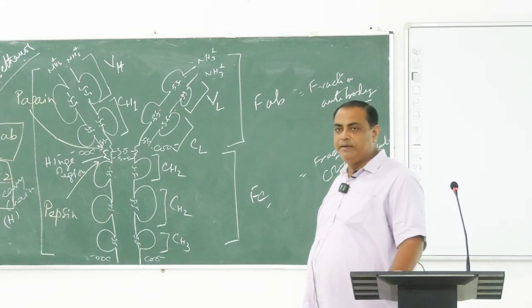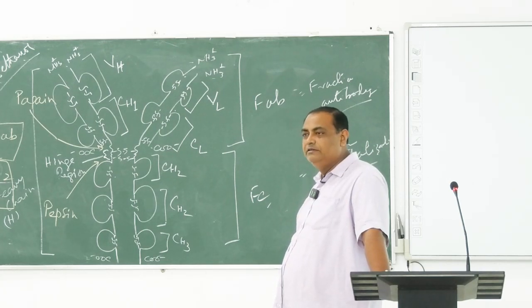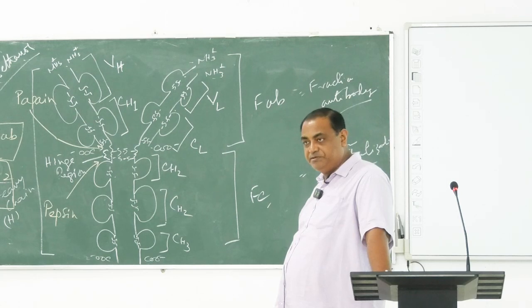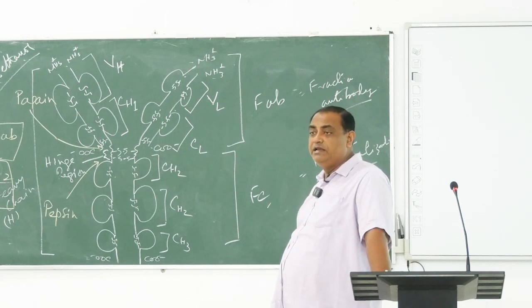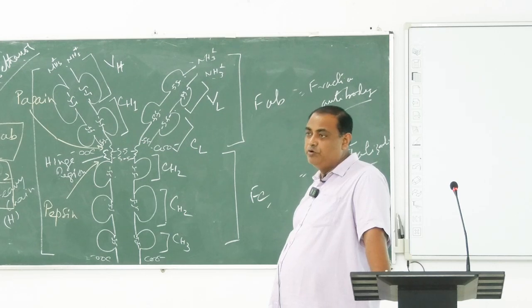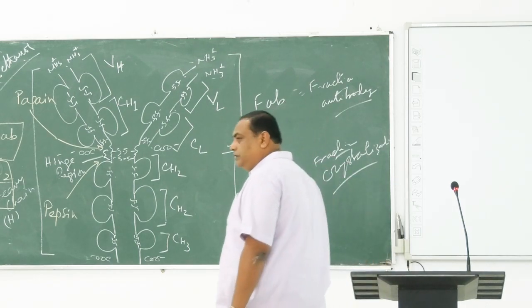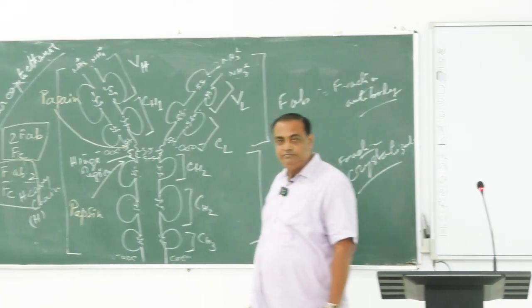If it is cleaved by pepsin, then it forms F(ab')2 and 1 Fc. If it is cleaved by 2-mercaptoethanol, it forms 2L, 2H. Clear? No. Now, do you think it is over for structure?